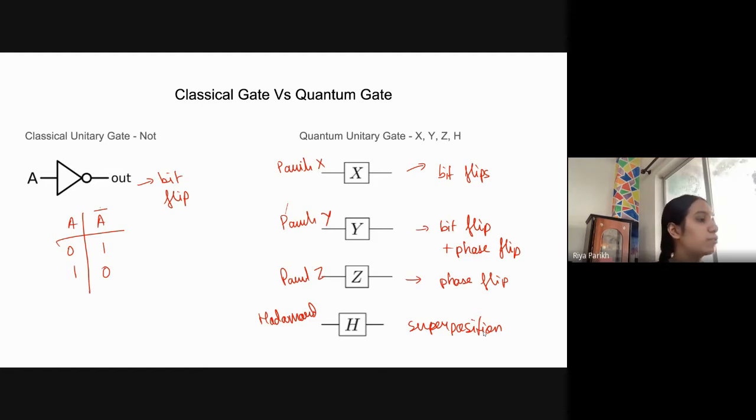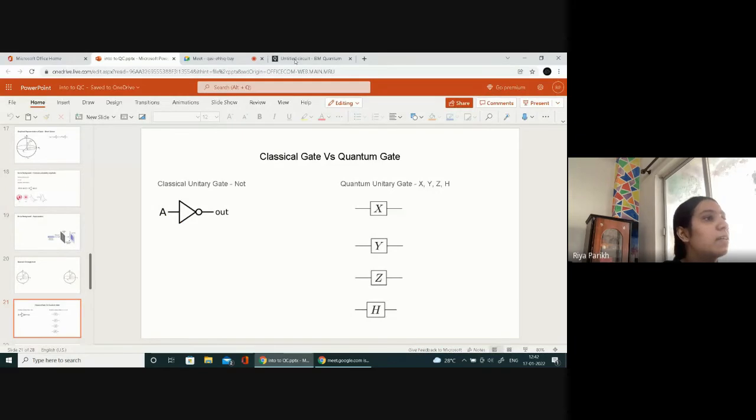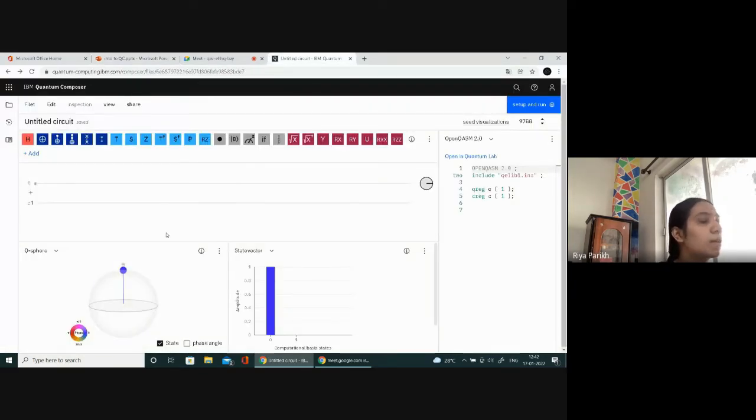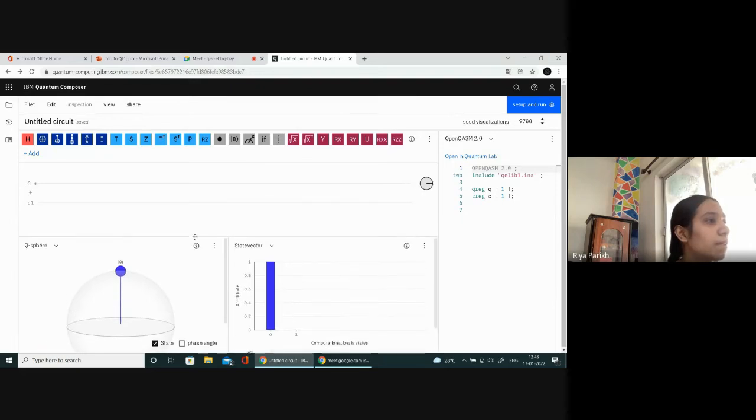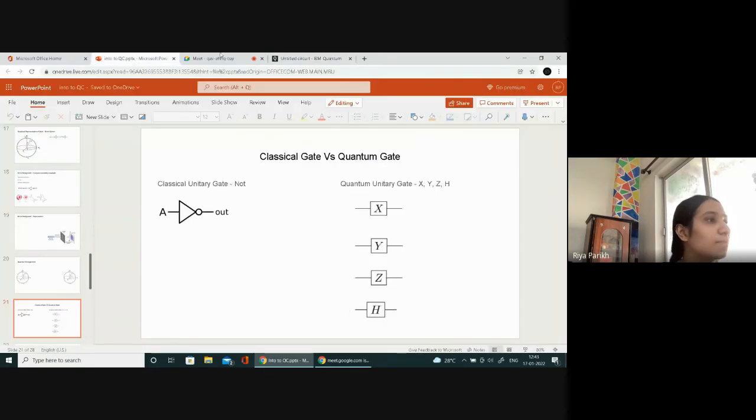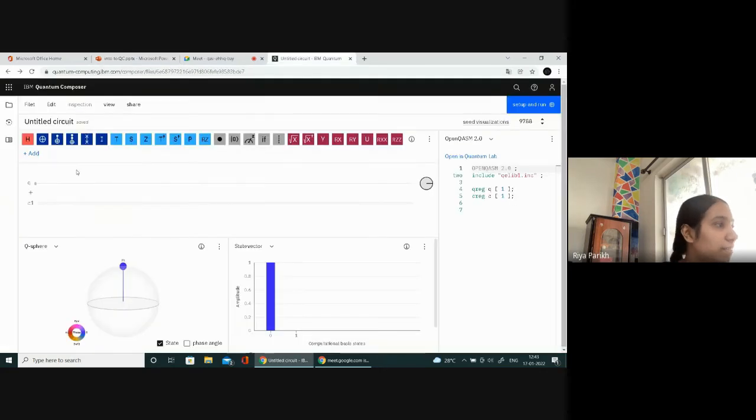So let me actually show those gates on a real quantum composer. We have a qubit here, and this is a Q-sphere on which the qubit can be seen. Currently it's in the 0 state. It's the default state, like a bit, where 0 is the default state. As we saw here, let's apply an X gate.